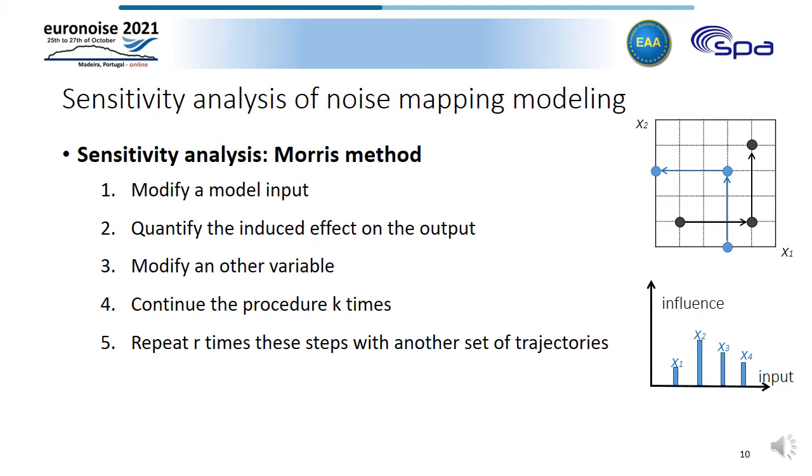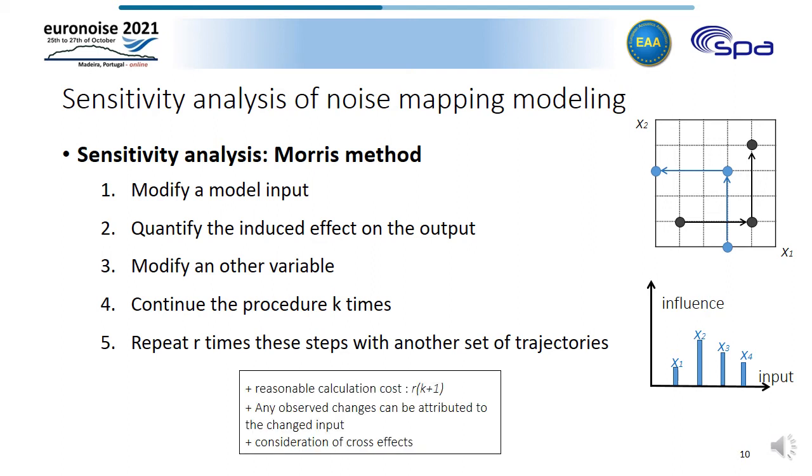The influence of each parameter can finally be quantified through several indices that will be described in the next slide. The advantages of the method are a reasonable cost compared to the number of parameters, the possibility to attribute changes to each input, and to estimate the possible presence of a cross effect.